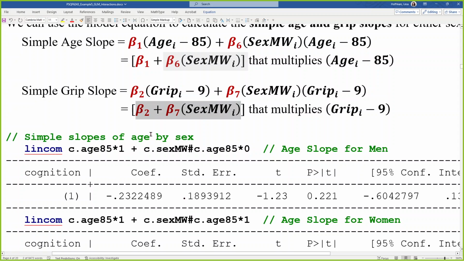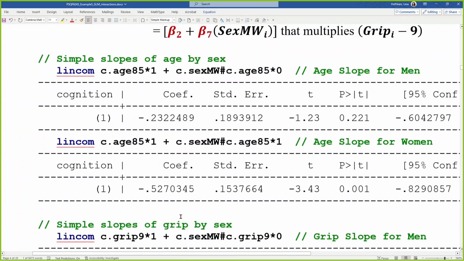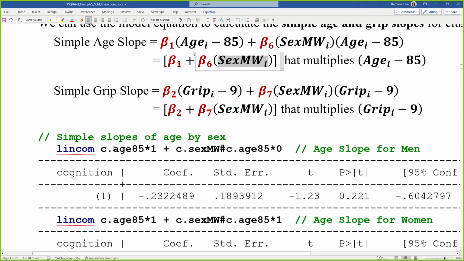So these lincoms then are filling in the values that multiply the betas. So in data first, actually, there we go. When I type age 85, I am referring to beta 1. Hey, Stata, can you go figure out what beta 1 is and stick that here?